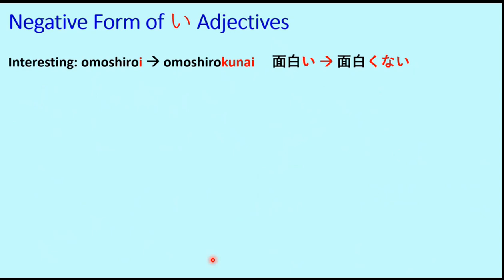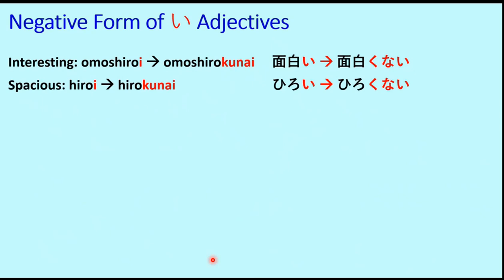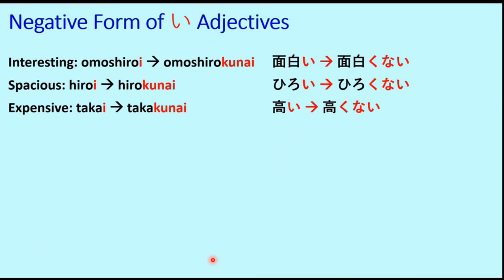So now let's look at the list of some of the very common e adjectives and their negative versions. Interesting, omoshiroi, omoshirokunai, or omoshiroku arimasen. Spacious, hiroi, hirokunai, hiroku arimasen. Expensive, takai, takakunai, takaku arimasen.